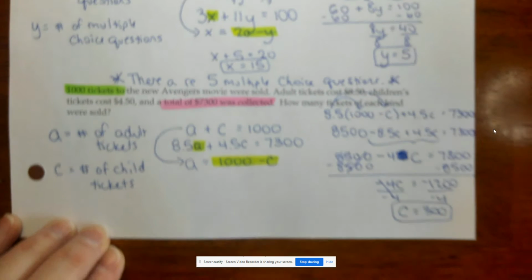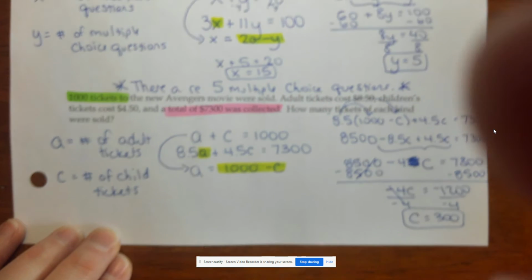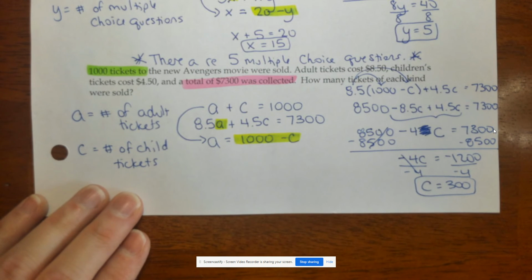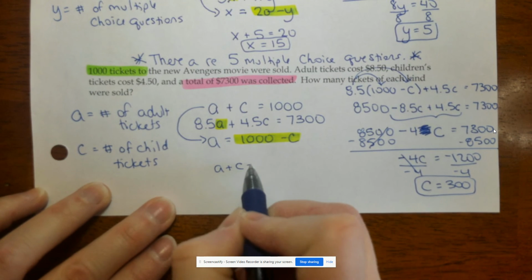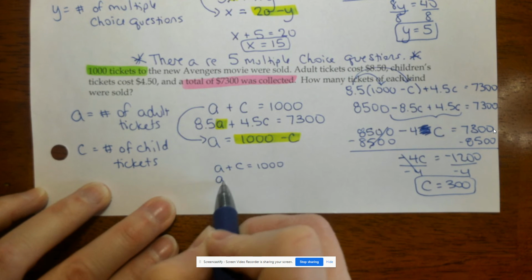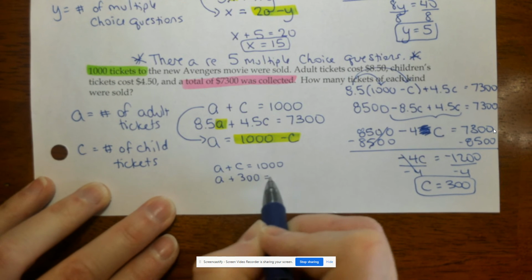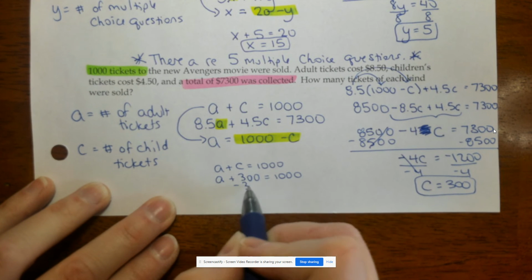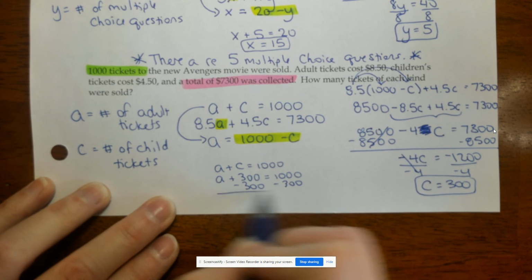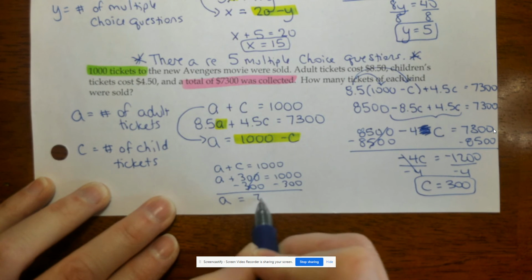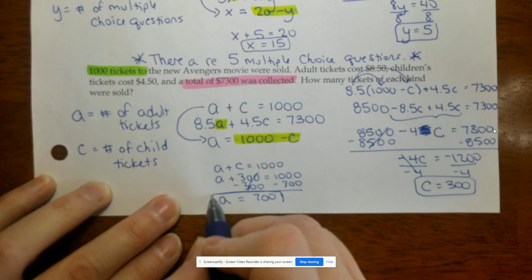So I can't just stop there. I have to make sure I also go and find, sorry about that, the number of adult tickets, which is not terrible. A plus C equals 1,000. So adult tickets plus the 300 children's equals 1,000. Take away 300, and there must have been A equals 700 adult tickets sold.